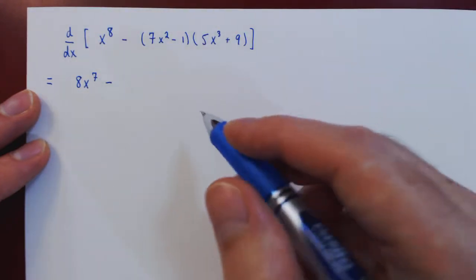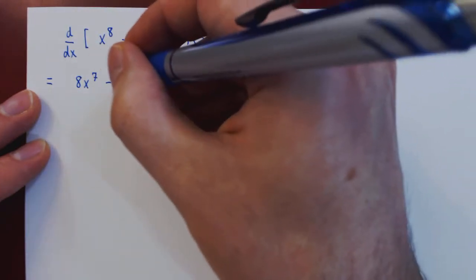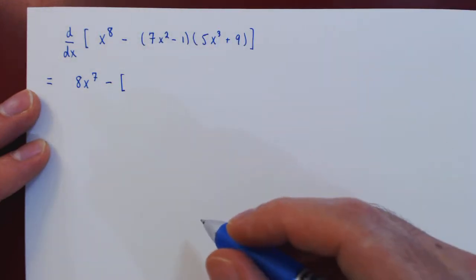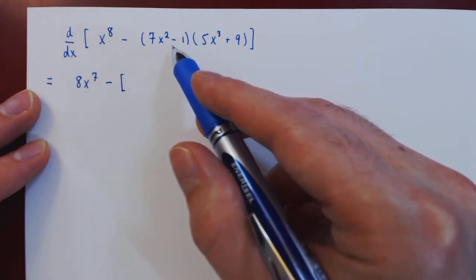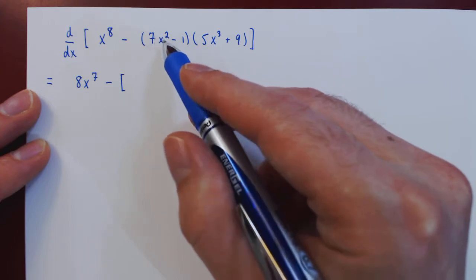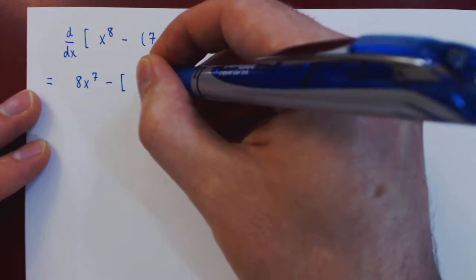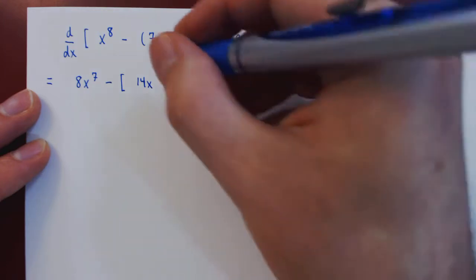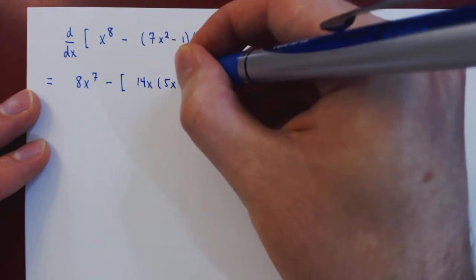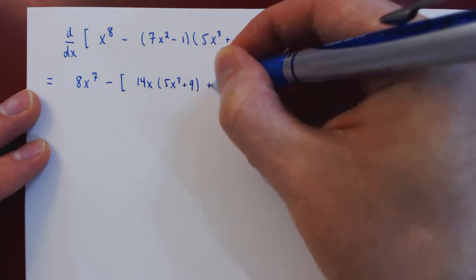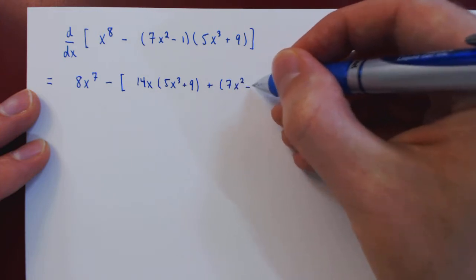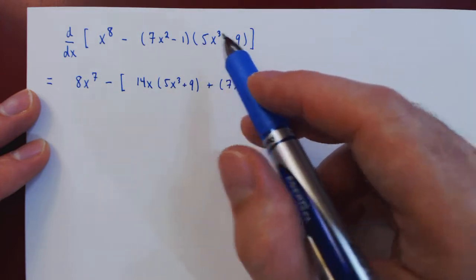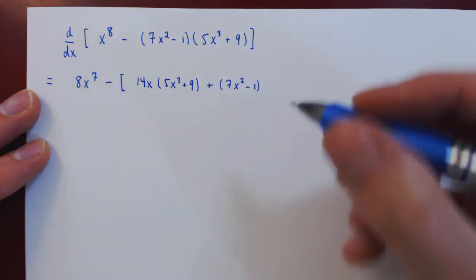So we obtain 8x to the 7, then minus the derivative of the second function. Now here we open a pair of parentheses, and so we apply now the product rule, which says first derivative of the first function, 14x minus 0, so 14x, times the second function, 5x cubed plus 9, and then plus the first function, 7x squared minus 1, times the derivative of the second function, which is 15x squared plus 0.